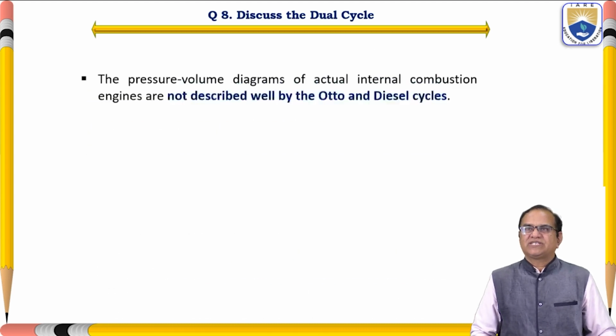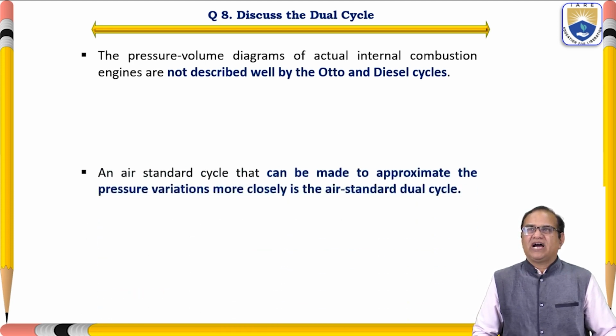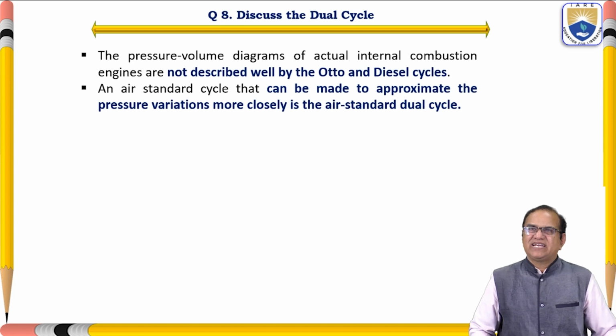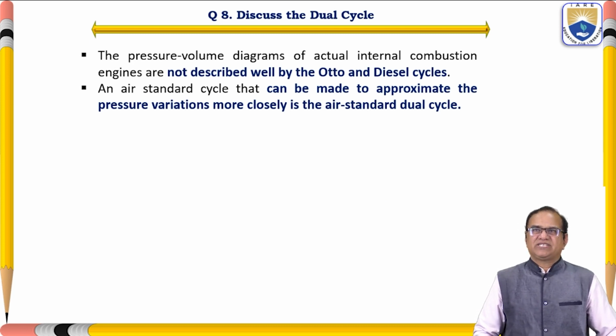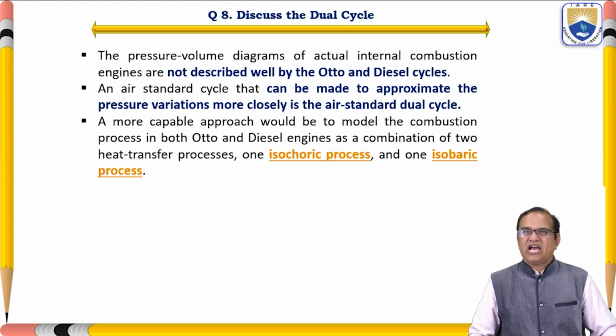Discuss the dual cycle. The pressure-volume diagram of an actual internal combustion engine is not described well by the Otto cycle. An air standard cycle that can approximate the pressure variation more closely is the air standard dual cycle. A more capable approach would be to model the combustion process in both the Otto and diesel cycles as a combination of two heat transfer processes, one isochoric and another isobaric.